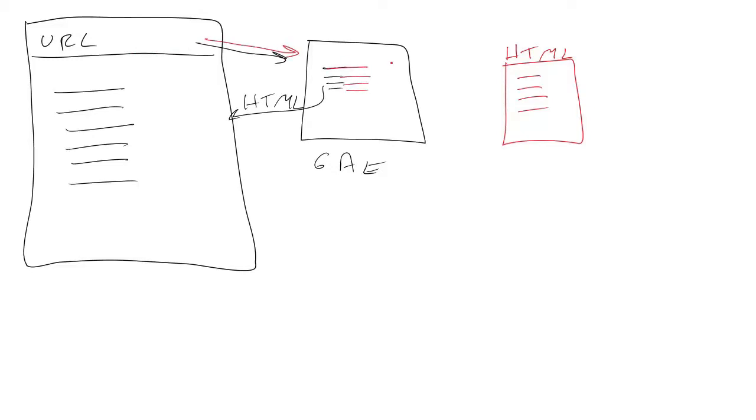Our code could do whatever we want, then it could tell Google App Engine to take this HTML file and return its contents to the browser and let that get displayed. That would work if you had static HTML. The interesting part is what happens if we want to take some data from our Python code and insert it in here.